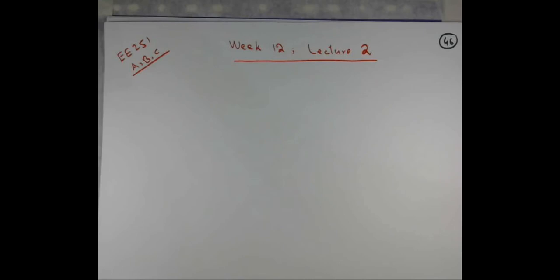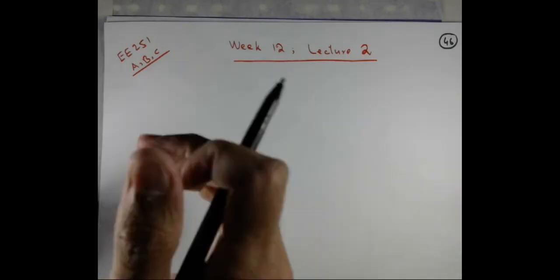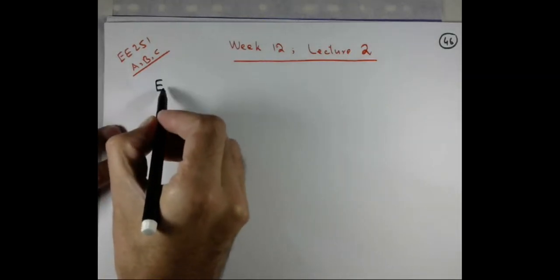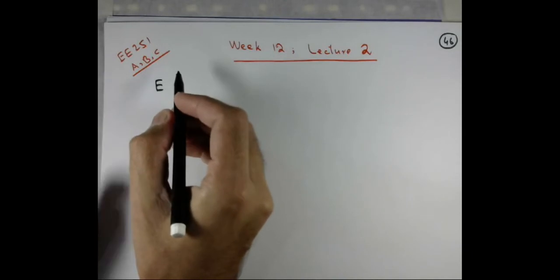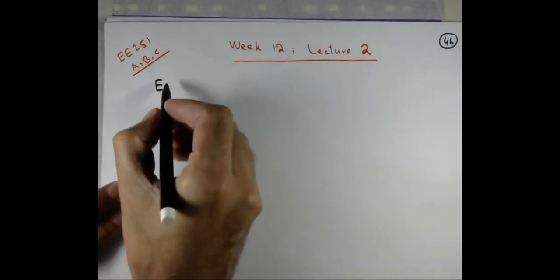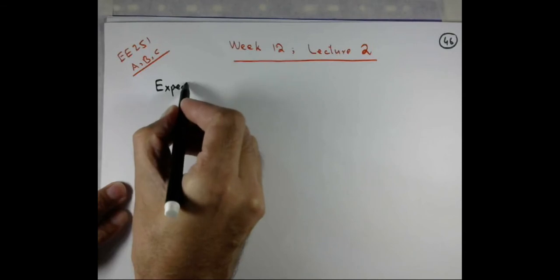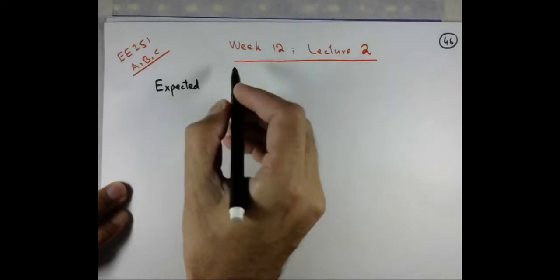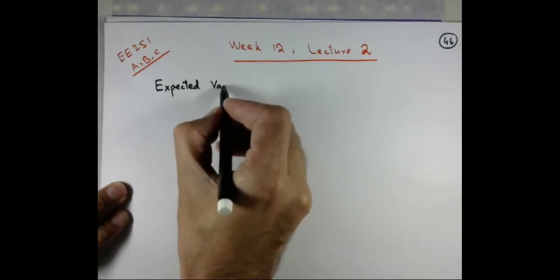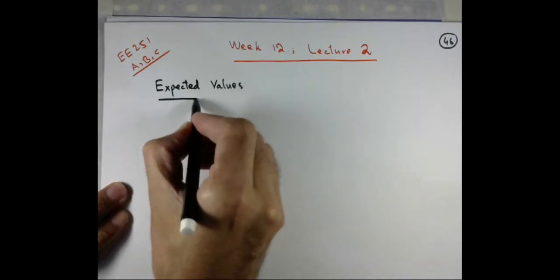So first, the expected values. What we mean by expected values and how we can express the expected value for continuous random variables. So the first topic of today's lecture is expected values.